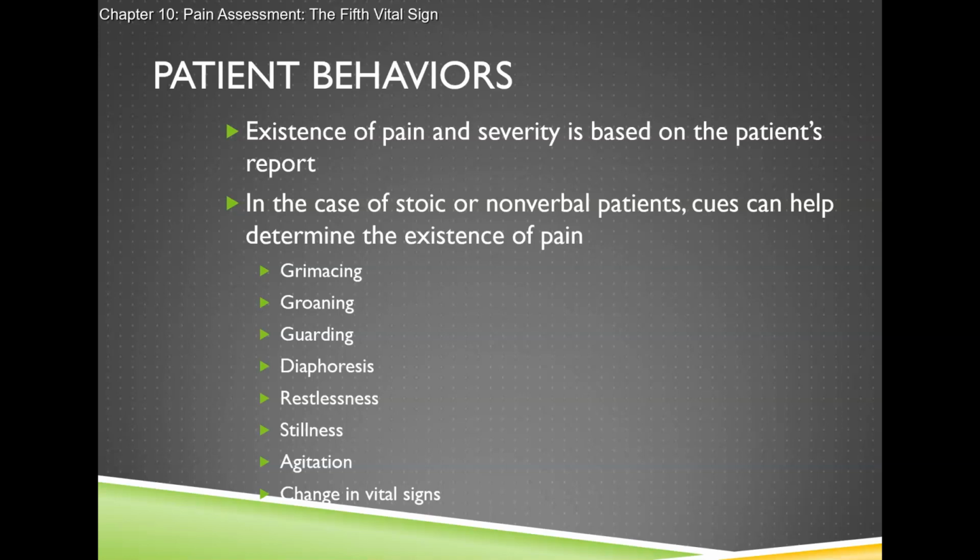When you finish face, legs, activity, cry, and consolability, that's what FLACC stands for. Each of those 5 categories is 0 to 2, and y'all know that 2 is always the worst. You can tell that a person is in severe pain if the score adds up to over 7, moderate if it's 4 to 6, and mild if it's 1 to 3. So that's how they use the FLACC scale.